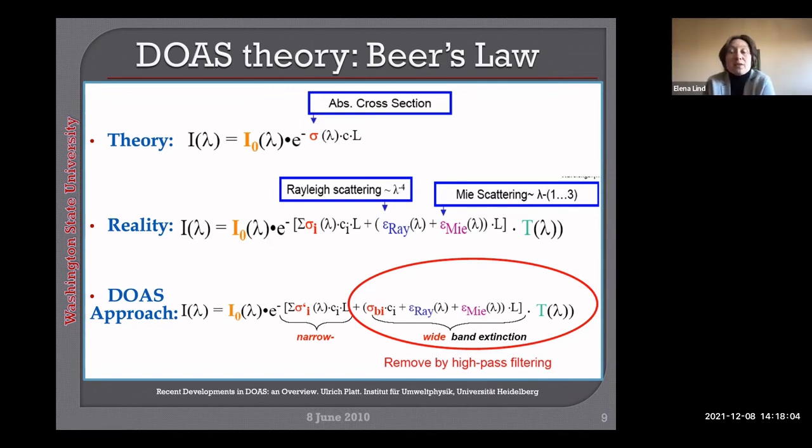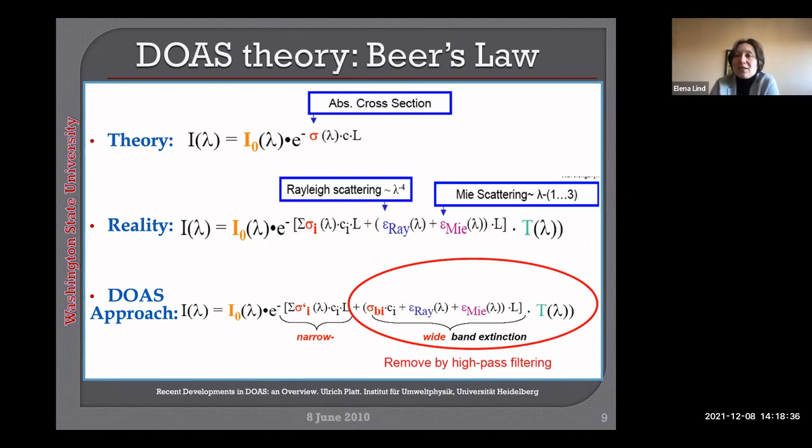Obviously reality is a little more complex because we have scattering in addition to absorption. It's convenient because Rayleigh scattering and Mie or aerosol scattering do not have much structure, so they are fairly broad. On the other hand, trace gases are very structured, so there is a high-frequency dependency of the absorption cross-section itself.